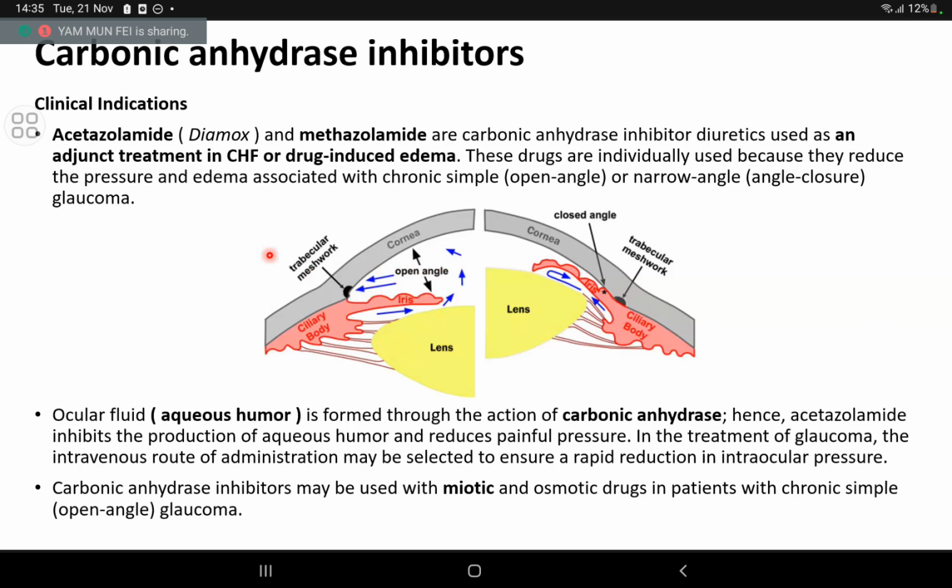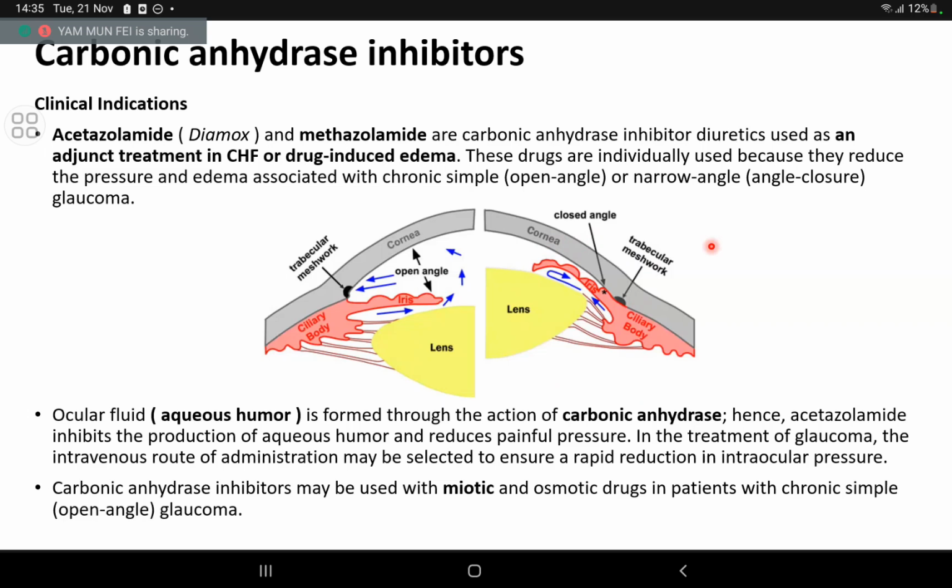But in certain conditions, because of a defect in your anatomical structures, your trabecular meshwork is obstructed. So the fluid that you produce is not able to drain out.